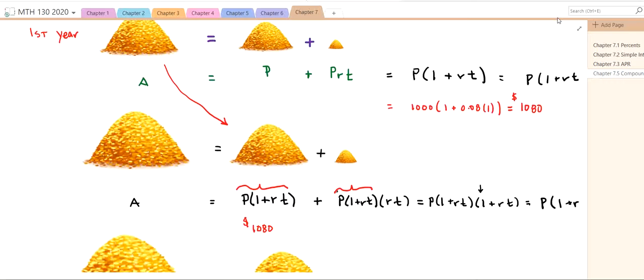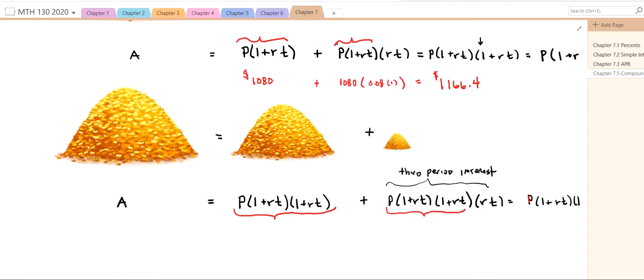So now I'm going to take that $1,080. We've accumulated some interest on it, and I'm going to use that in my next compounding period as my principal. So I'll have 1,080, calculate my interest times 0.08, and I end up with $1,166.4.